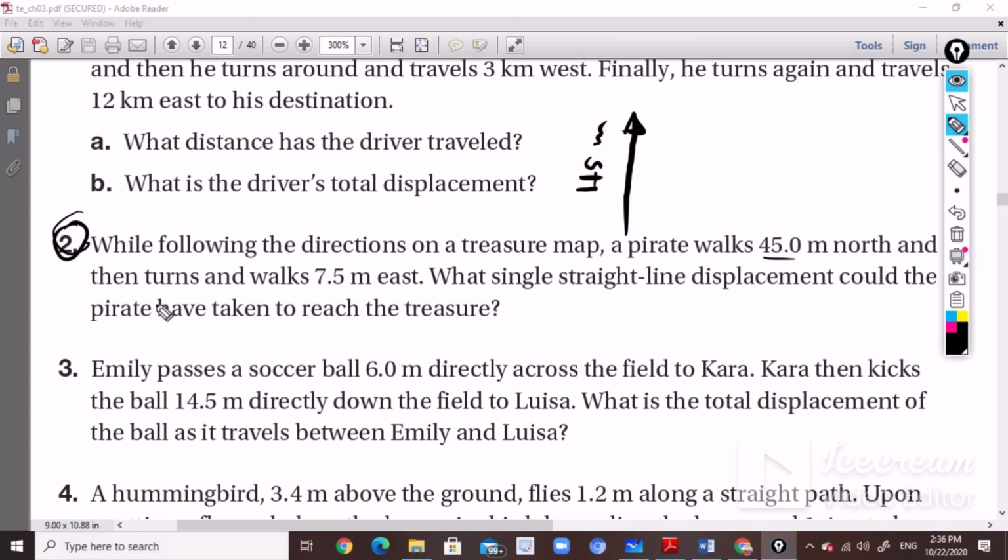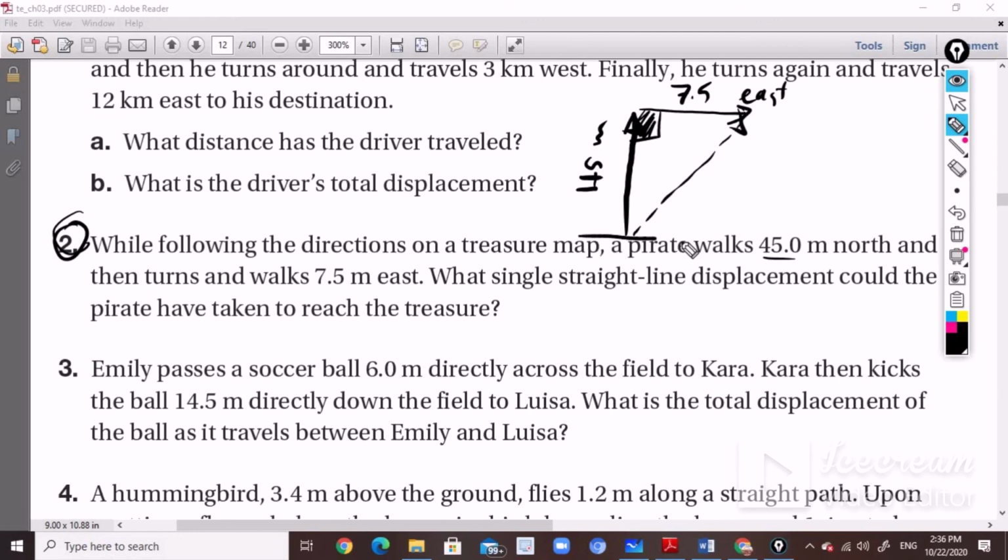And turns and walks 7.5 east, like that. Okay, 7.5 east. What is the single straight line displacement? He wants the displacement here, the hypotenuse, opposite the right angle. He wants this one, and he wants the direction.